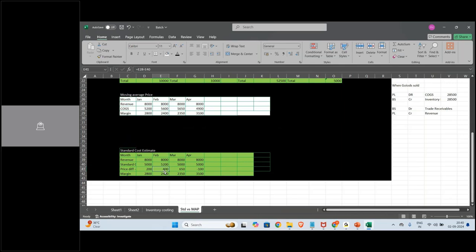Now let's say I'll put this price here. Cost is 100, but actual cost is, let's say this is planned cost. This is actual cost.